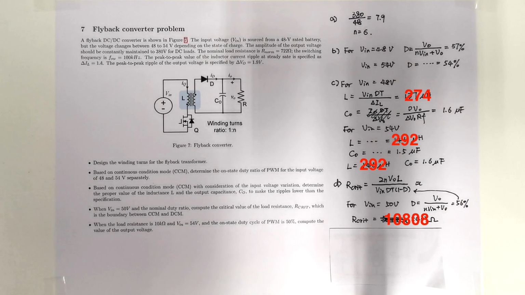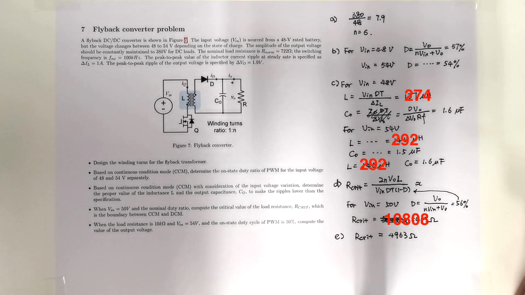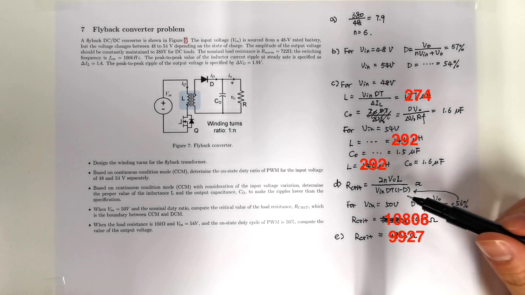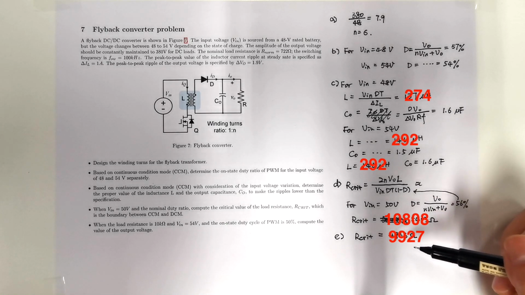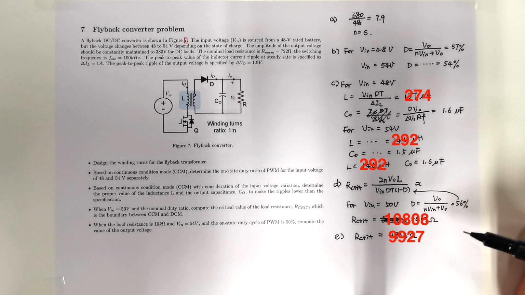The last question asks us to calculate the output voltage when the load resistance is 10K and the input is 54 volts. We first need to calculate the critical resistance. Under this condition, the critical resistance using the same formula as in question 4 is 4,963 ohm.